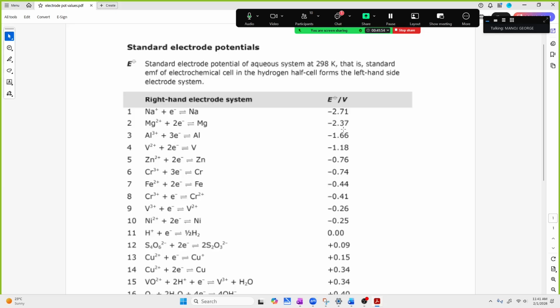Negative 2.37. This is reduction tendency, reduction potential. On a scale of 1 to 10, can you tell me, are you clear with what I'm saying? 10 means you are with me. 1, you don't know what's happening. Electrode potentials are also called reduction potentials because these are reduction reactions. This is an important concept. I need you to tell me if you're okay here so far in the comments.